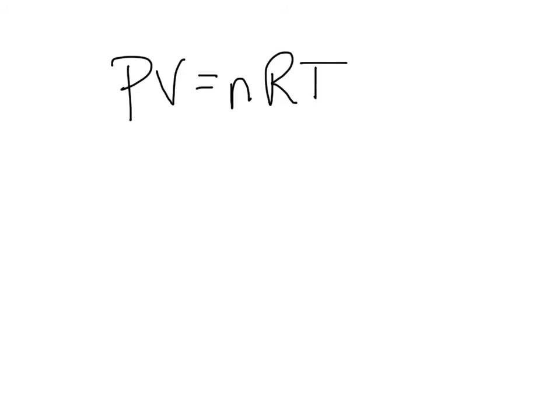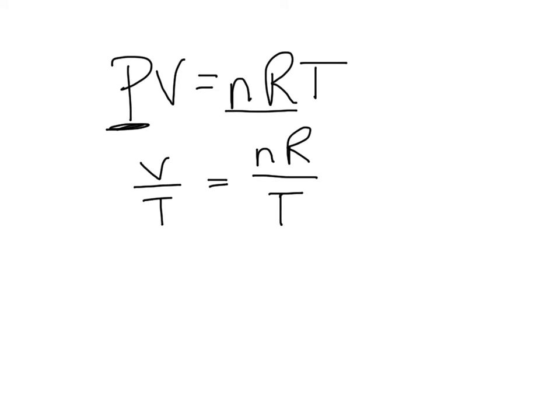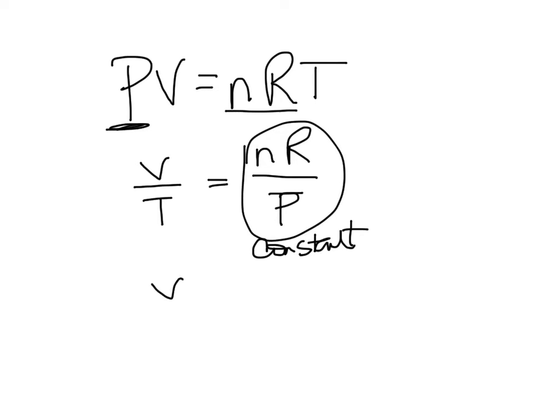What if the pressure was going to remain constant? Then P, n and R are constant. Again, we move all of our constants to one side and the changing things to the other side. This becomes Charles' law, V1 over T1 equals V2 over T2, which tells us that volume and temperature are directly proportional.